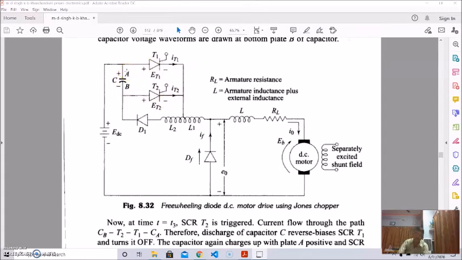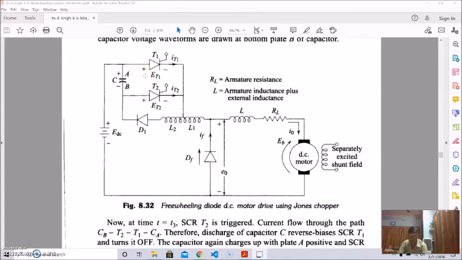The discharge of capacitor C reverse biases SCR T1 and turns it off. The capacitor again charges with plate A positive, and SCR T2 turns off because the current through it falls below the holding current value when capacitor C is recharged.